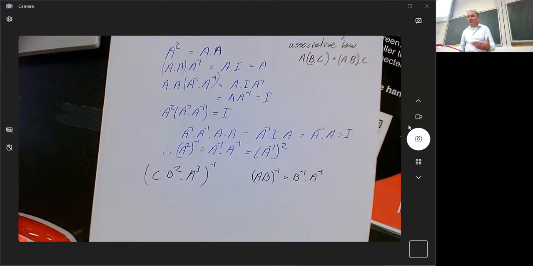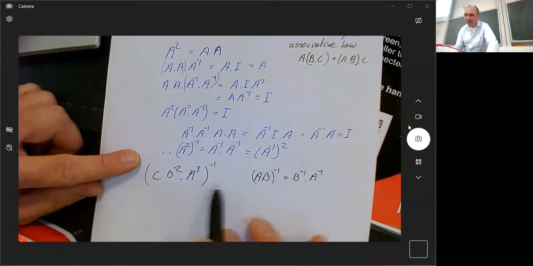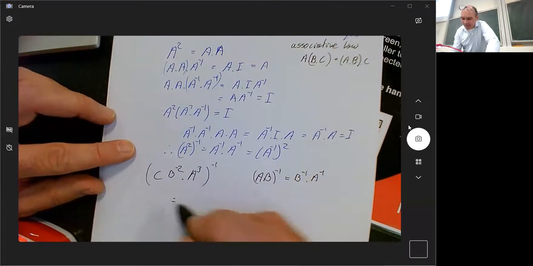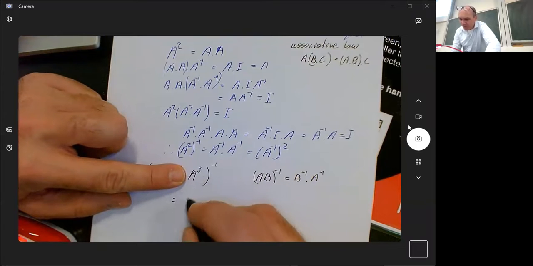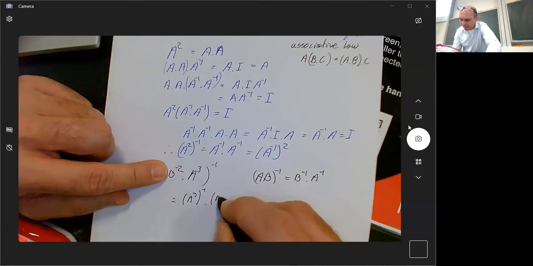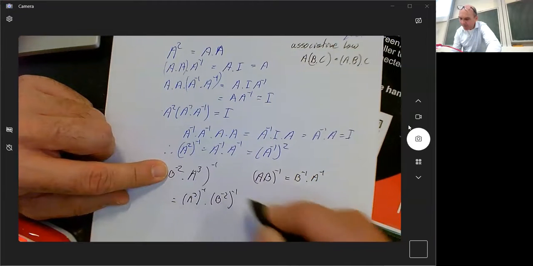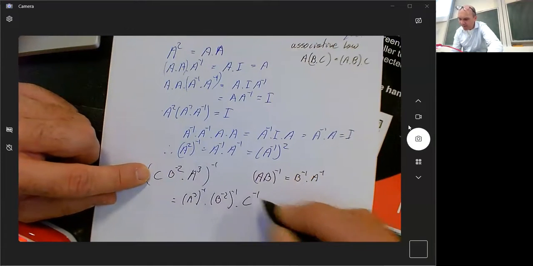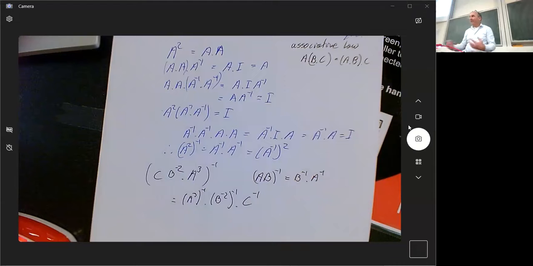So, I can do next level stuff, right? If I'm trying to invert all of this, I reverse the order. So I've got A cubed inverse times B minus 2 inverse times C inverse. All right, so only one of these is in the final form I'd put it in, which is that C inverse.